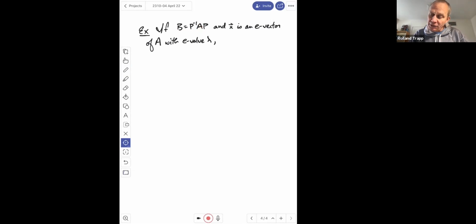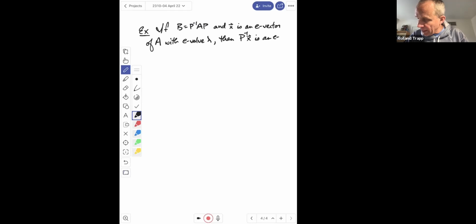Turns out that that allows us to find an eigenvector of B. Okay, so then P inverse of X is an eigenvector of B with eigenvalue lambda, or show, actually, that's what I should write.